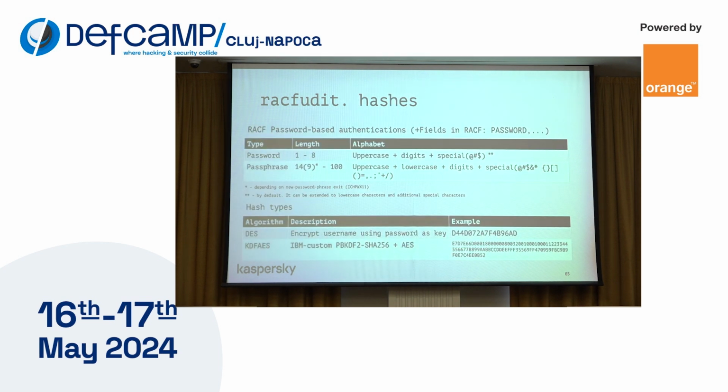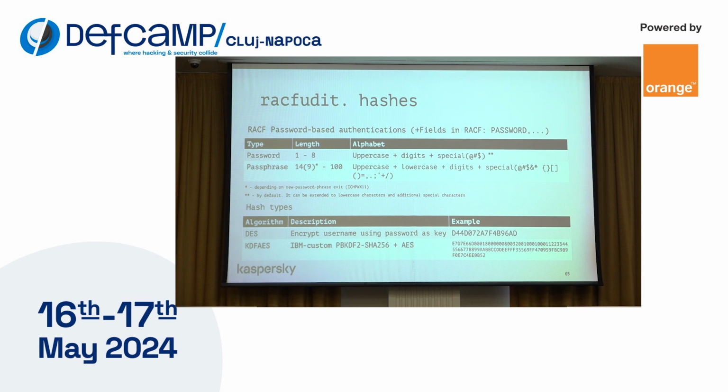Yeah, and a few words about hashes. As I mentioned before, there are password-based authentication methods via password and passphrase, and they may be stored encoded in a few formats: via the DES algorithm, and the new algorithm KDFIS.